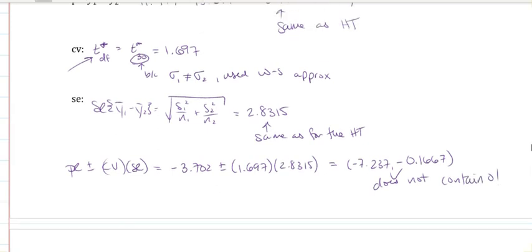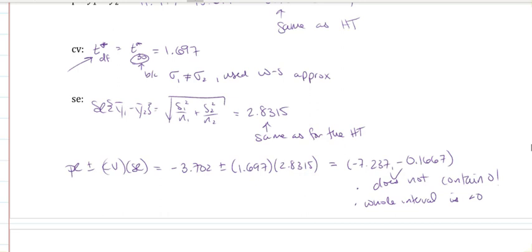So this is consistent with what we found in our hypothesis test. I do not believe that 0 is a plausible value for the difference in mu1 and mu2. But the whole interval is negative. The whole interval is less than 0.